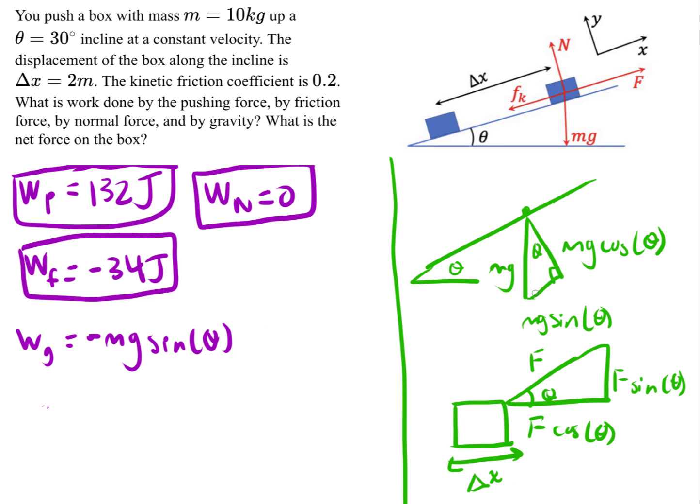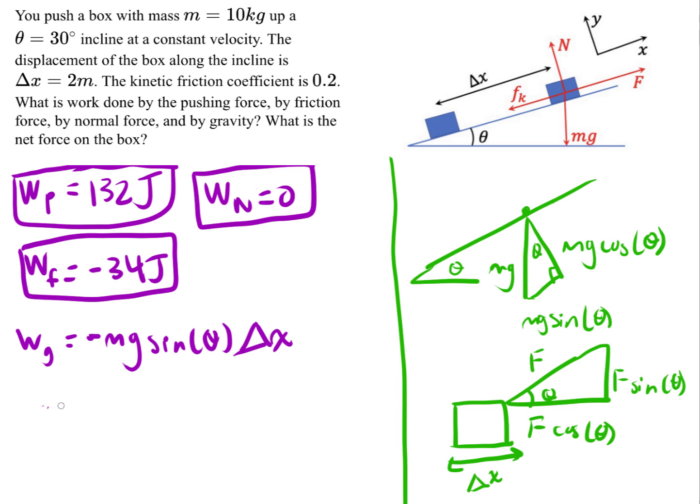And we're only counting this parallel component because the perpendicular is really just the normal force acting on it. And then you just need to multiply this by the displacement. Force times displacement equals work.